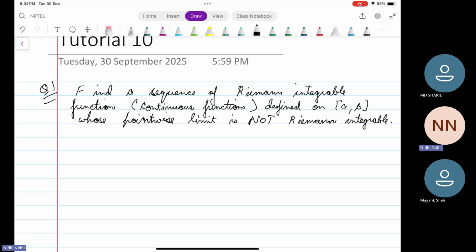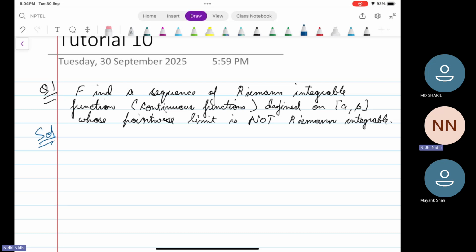So did you look for some functions, some sequence, some example? Okay, so I'll give you one example.